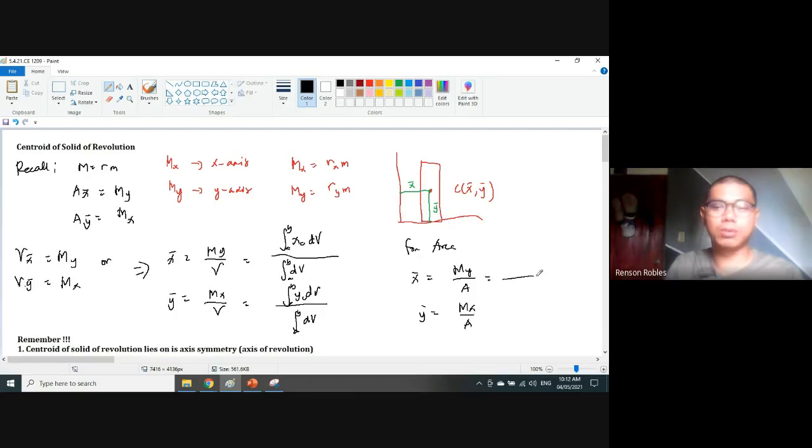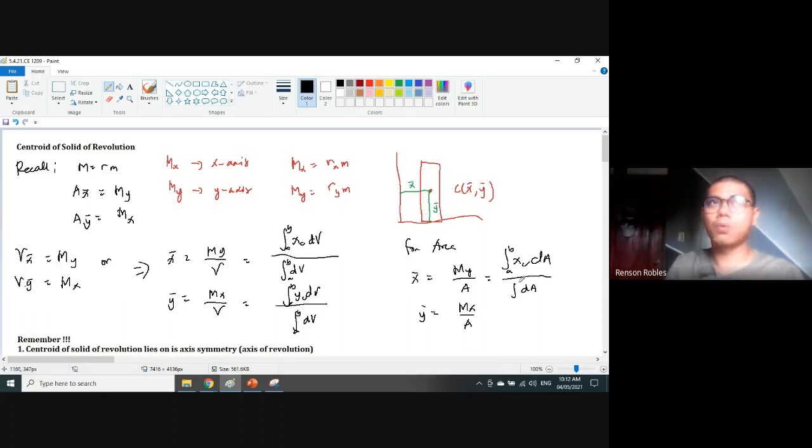And this is equal to, you just recall, the integral of xc times the differential of area evaluated from A to B, divided by the integral of the differential of area.